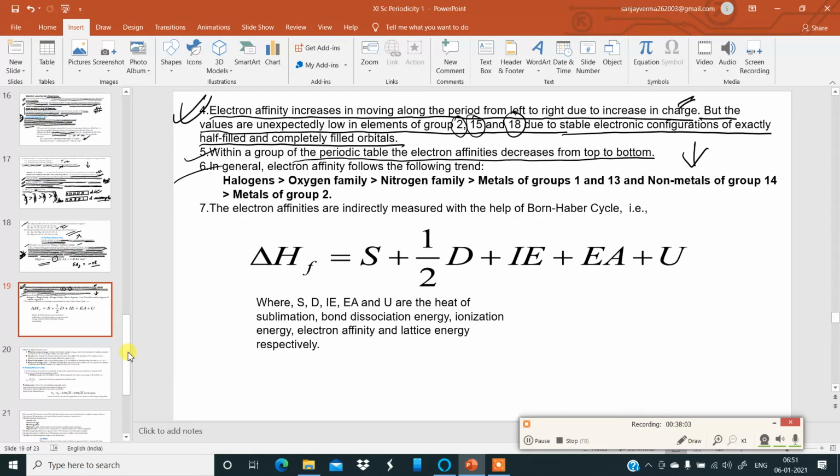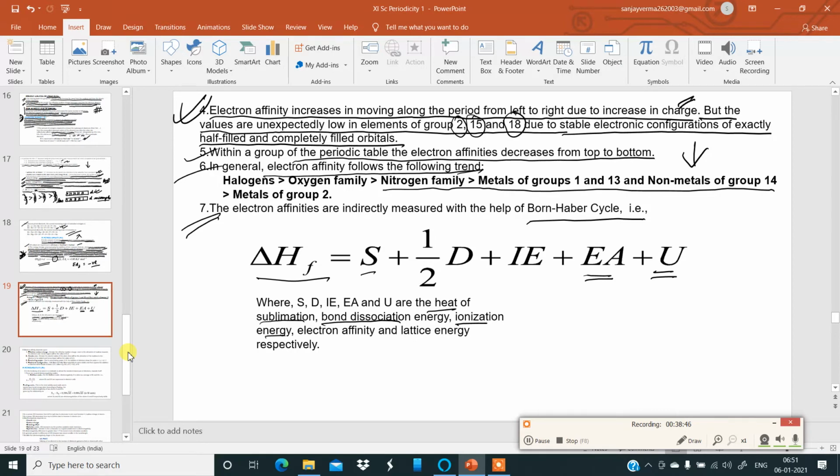In general, electron affinity follows the following trend: halogens have the highest electron affinity, then the oxygen family, then the nitrogen family, metals of groups 1 to 13, and non-metals of group 14, and so on. Electron affinities are indirectly measured with the help of a cycle, the Born-Haber cycle. Delta HF, the enthalpy of formation, is given by heat of sublimation, bond dissociation energy, ionization energy, electron affinity, and lattice energy respectively.